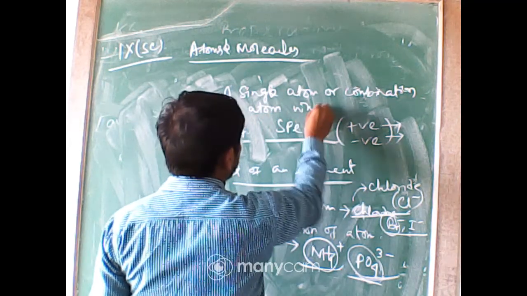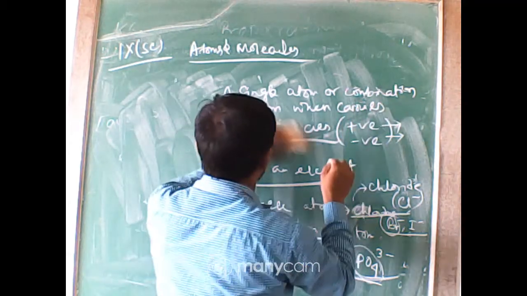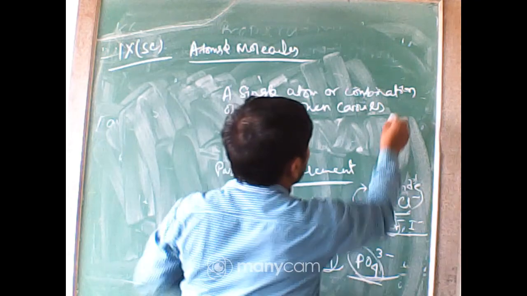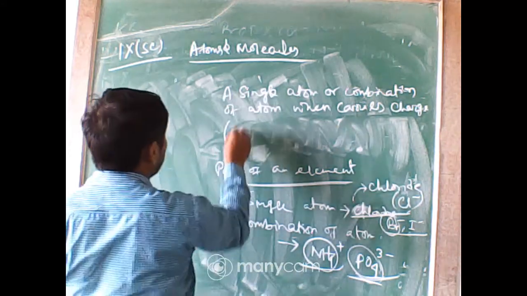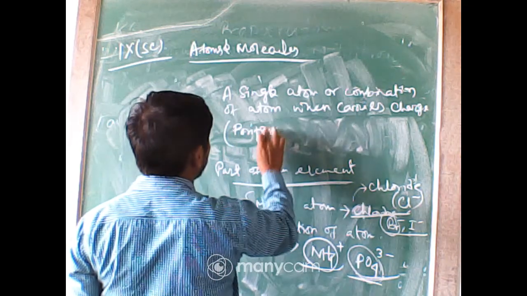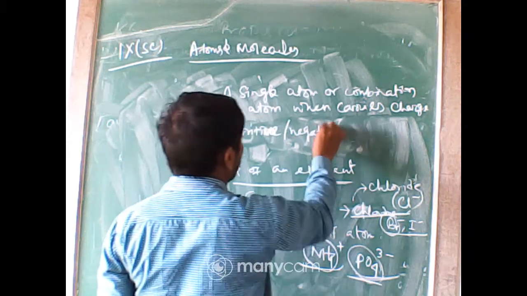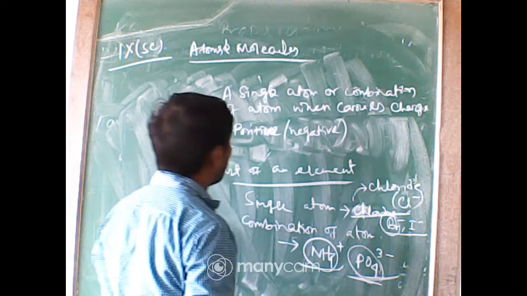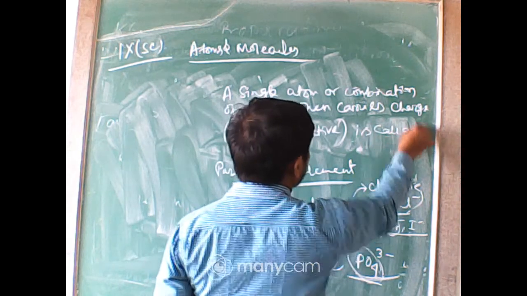when it carries charge, within bracket you may write positive or negative, carries charge positive or negative, is called an ion.